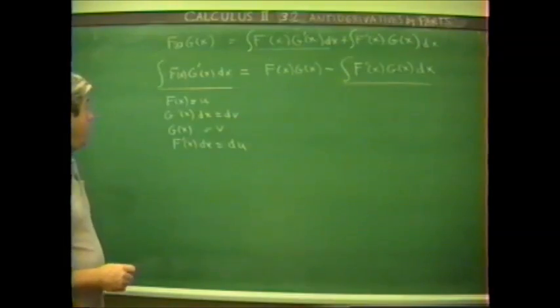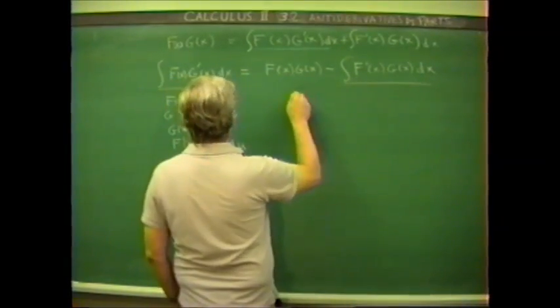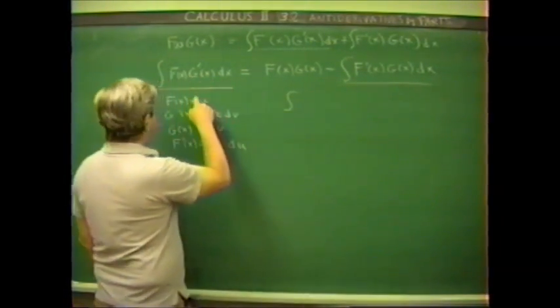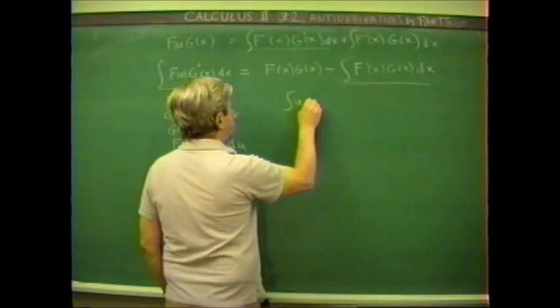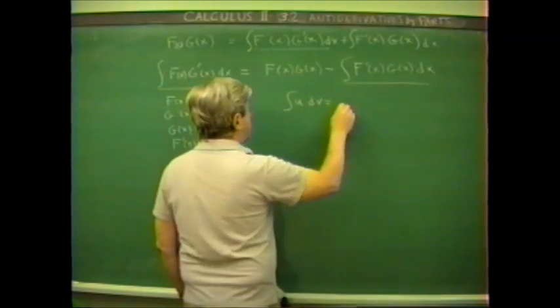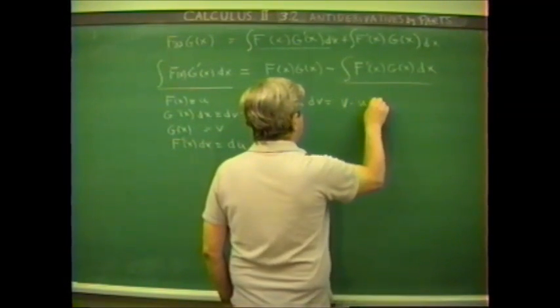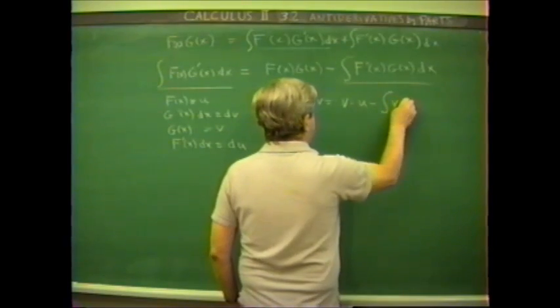You can then write this formula as follows. The antiderivative of u dv is equal to v times u minus the antiderivative of v du.